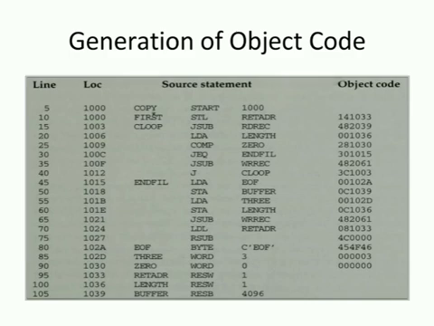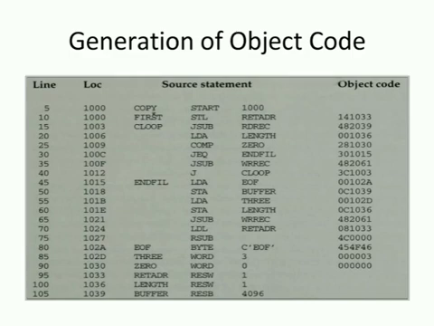Next, the address field. So what is the address field here? The operand here is RETADR. As you can see in line number 10, RETADR is the operand value. So what is the address of RETADR? At line number 95 you can see the location is 1033.